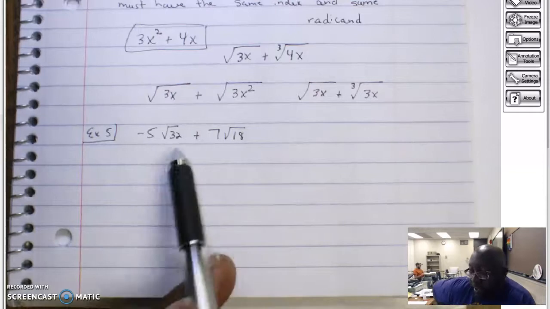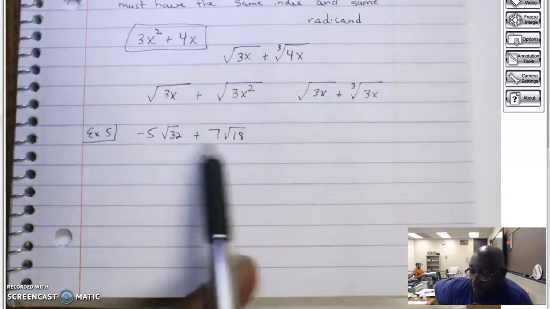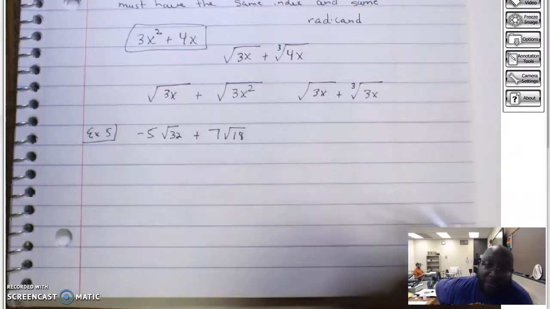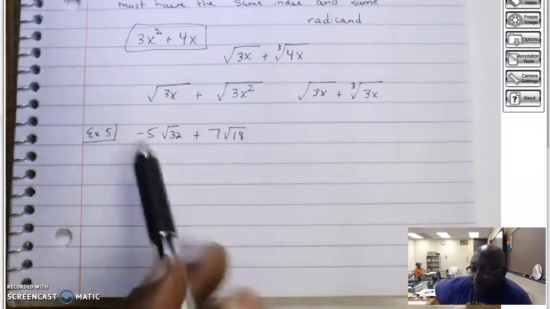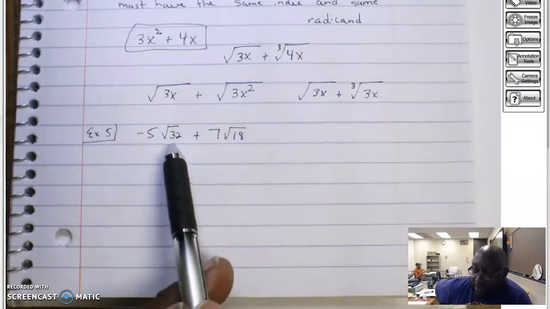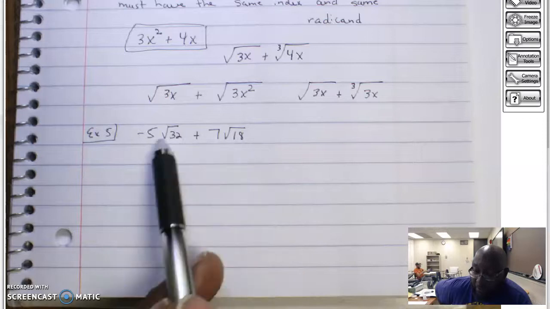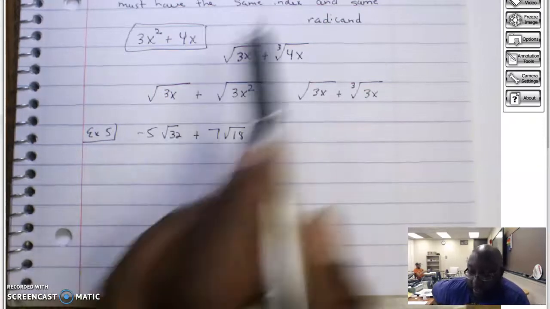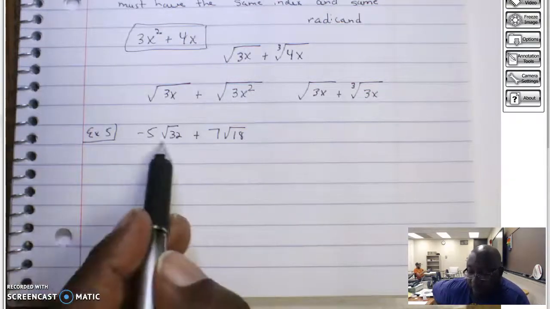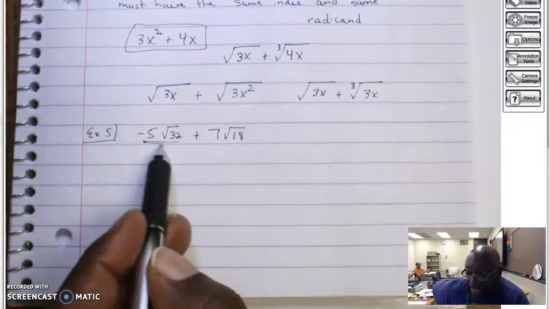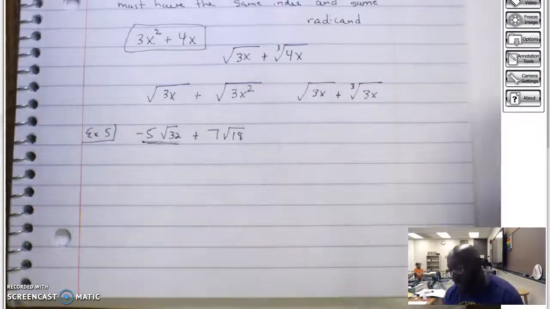Notice here that I definitely have different radicands the way it's written. However, if we treat this one problem as two separate problems, just like in the first 4 examples where we were simplifying radicals, let's simplify this and see what we get.